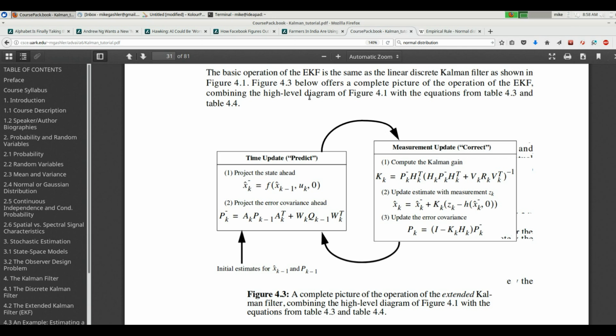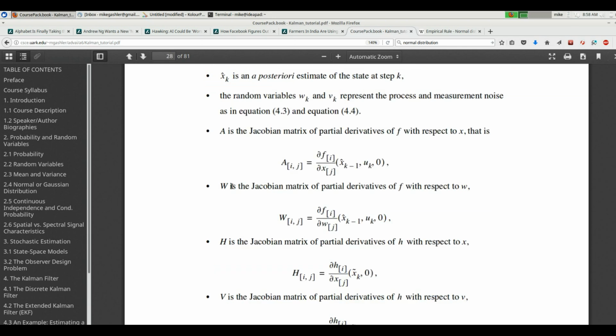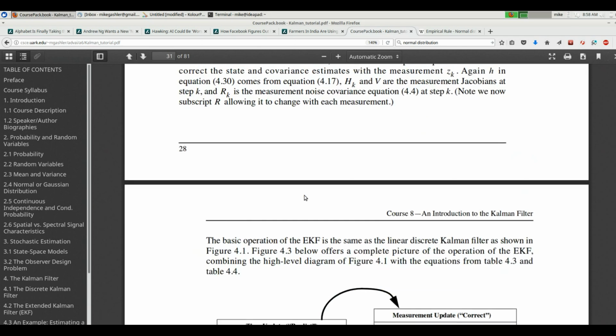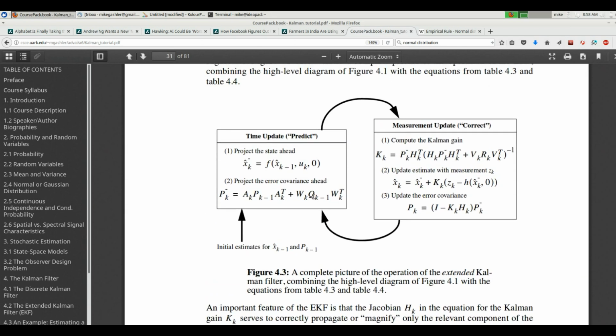Capital H is the Jacobian of that transition function. So you need to know how to compute the Jacobian of a neural network, which we talked about in the last lecture. W is the Jacobian matrix of partial derivatives of f with respect to w. So W and H are your two Jacobian matrices. You will need to write a function that takes as input a neural network and outputs a Jacobian matrix.